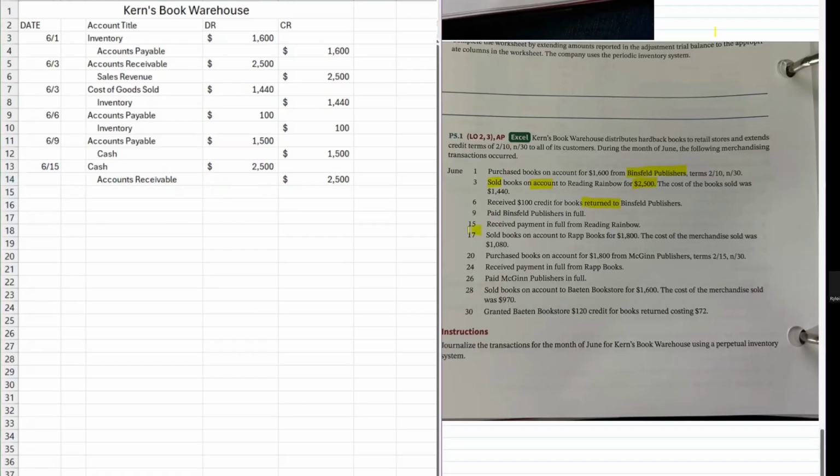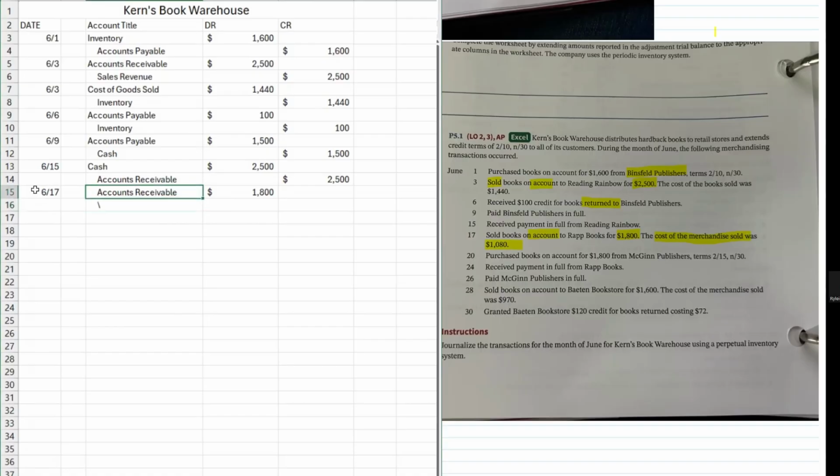And then on June 17th, right there, sold books on account to Wrap Books for 1,800. The cost of merchandise sold was 1080. So over here, we're going to do 6/17. And as a seller, we have to do 2 entries. So we're recognizing the revenue through accounts receivable for 1,800.